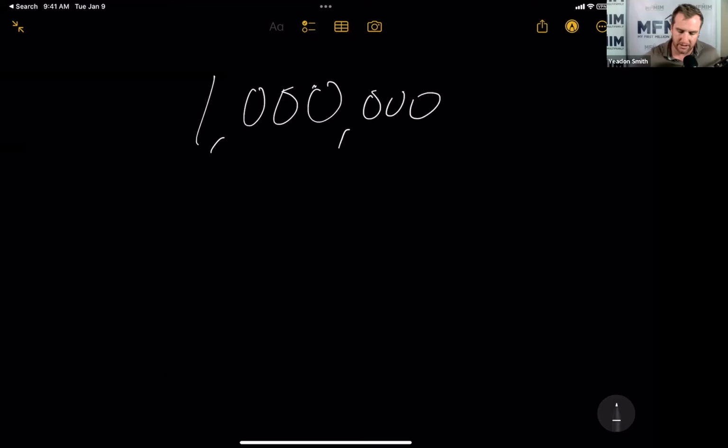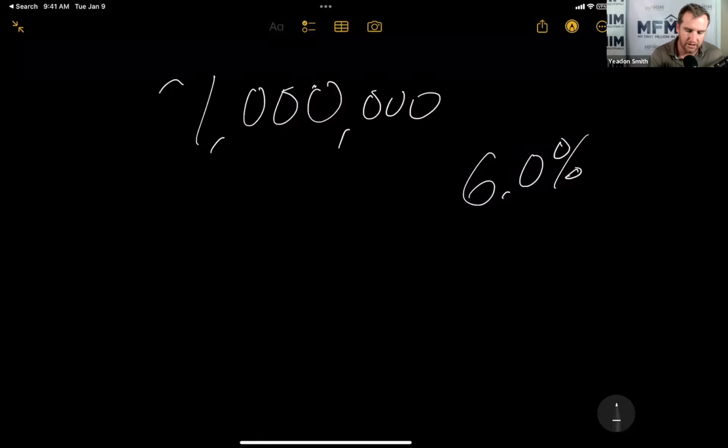So let's say that I'm buying something for $750,000, and in my business plan, I think I can make it worth $1 million. And I think that the cap rate is 6%, in the Charleston area.